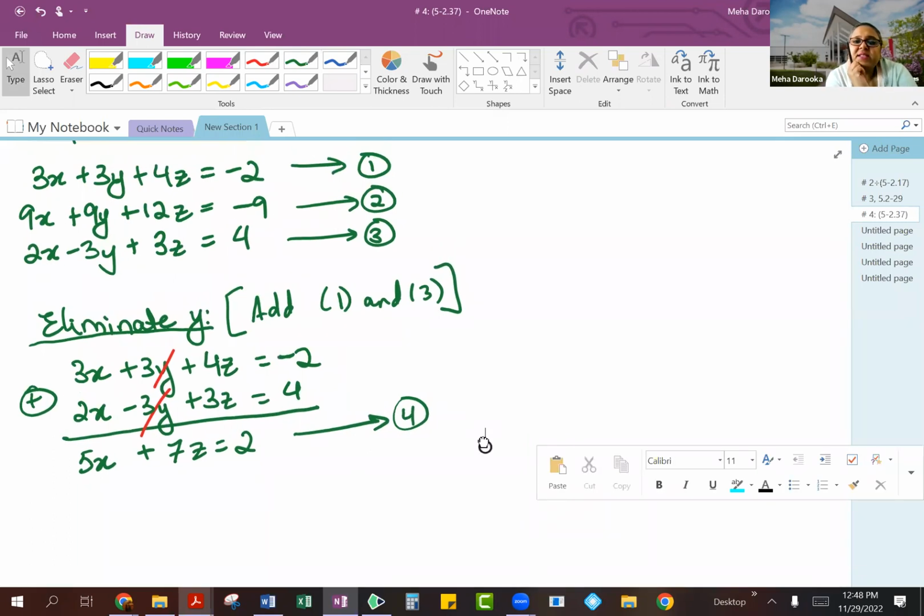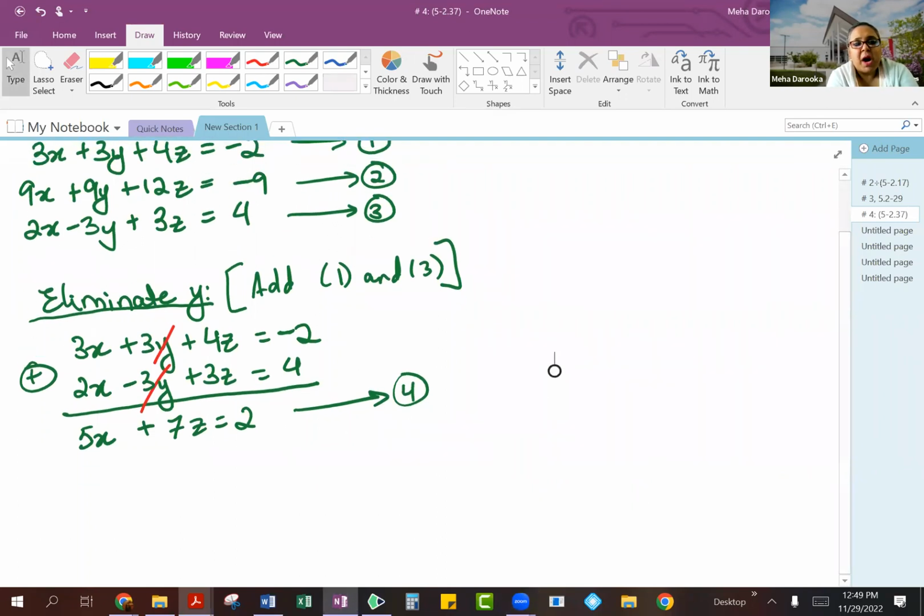Okay, so we did equations 1 and 3. Now we need to use equation 2 with what, 1 or 3? Which one would you go for? Okay, you guys want to do equation 3? That's fine. What would we need to modify to get equations 2 and 3 combined together? What would you do? Multiply by 3.